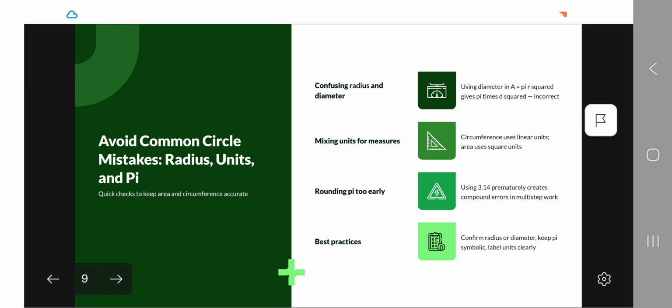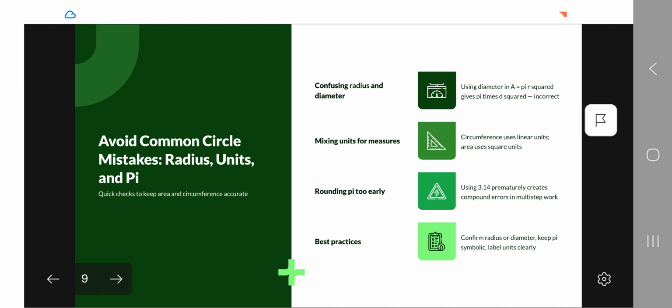So people are forgetting about pi, and they're accidentally rounding pi too early. So using 3.14 prematurely creates compound errors in multi-step work. So best practices. Confirm radius versus diameter. Keep pi for the work, and label units clearly.